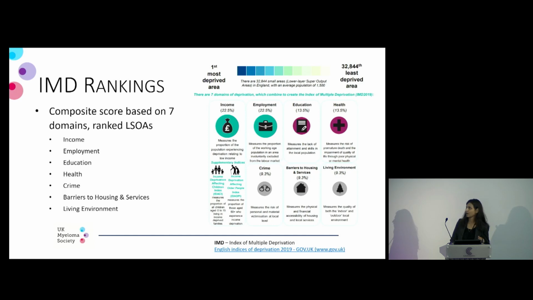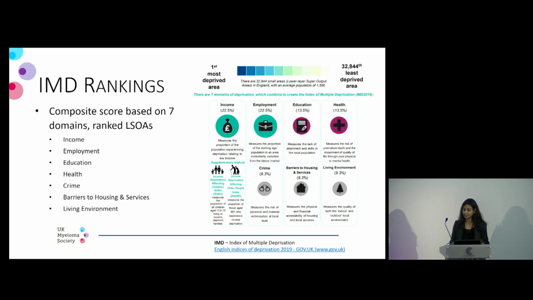A little bit about the indices of multiple deprivation. It's a composite score based on seven rankings: income, employment, education, health, crime, barriers to housing and services, and living environment. They're not equally weighted, as per the infographic, but together they give a composite score across all the postcode areas in the UK.